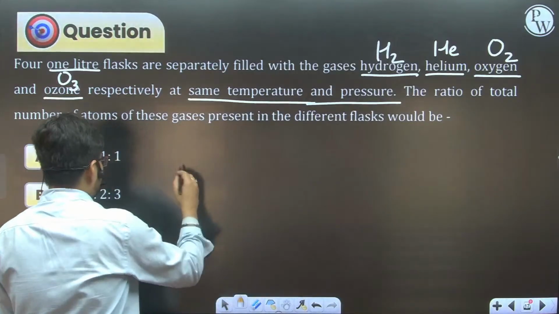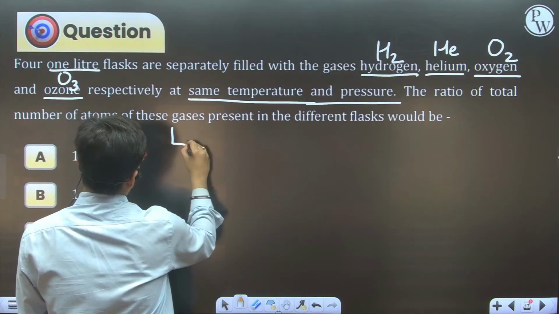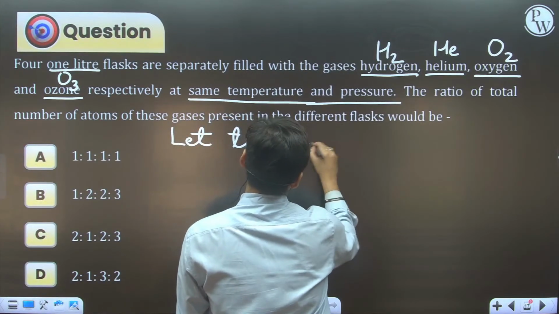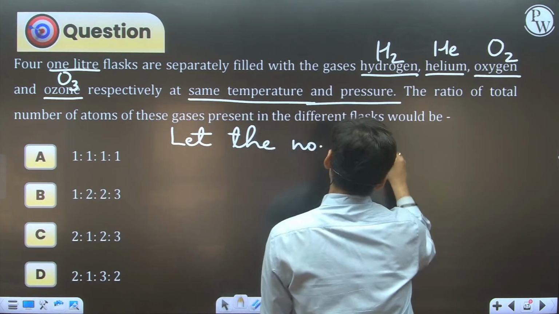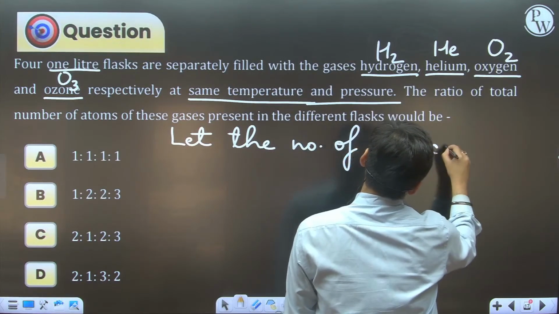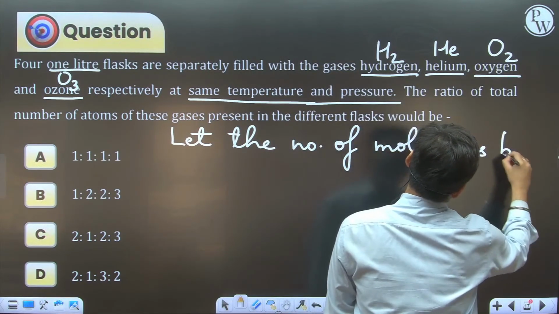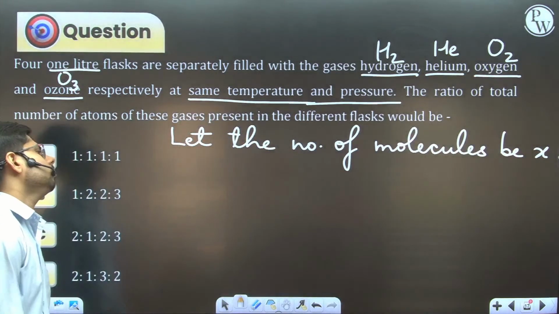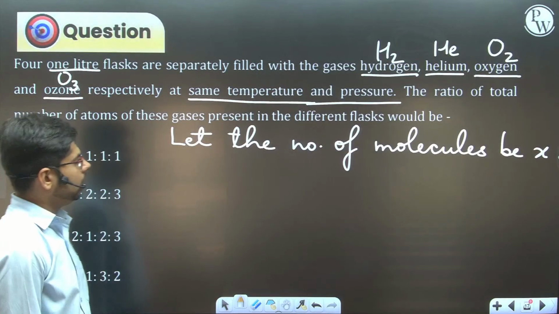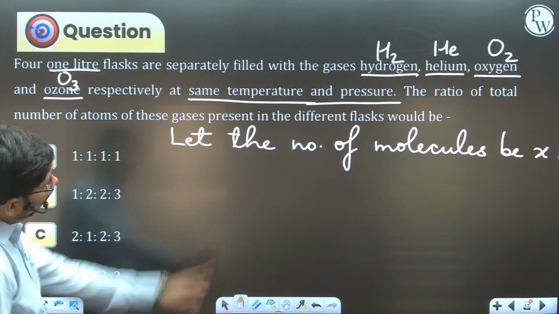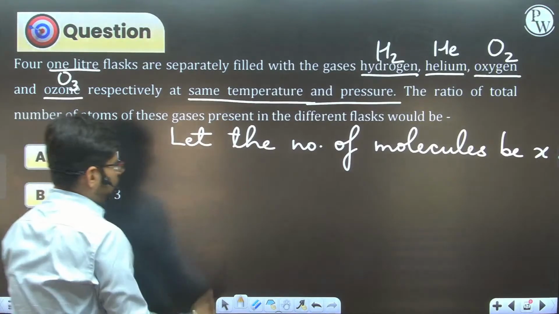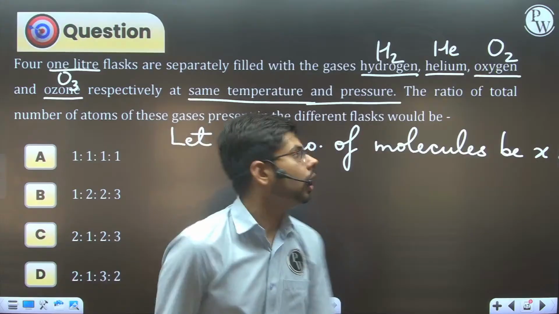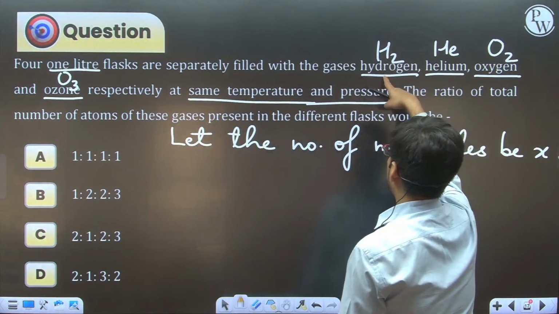So let the number of molecules be equal to X. The number of molecules is X, right? Now the number of molecules is the same for all these four gases. We know that number of atoms is equal to number of molecules multiplied by atomicity. Atomicity of hydrogen is 2.